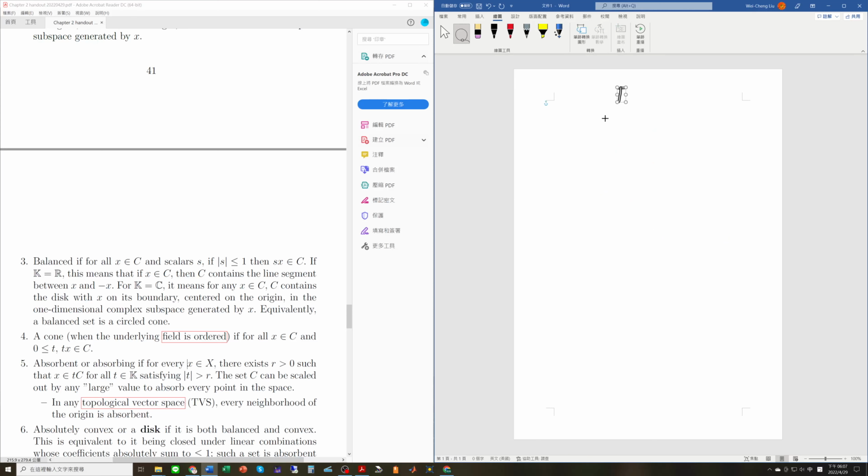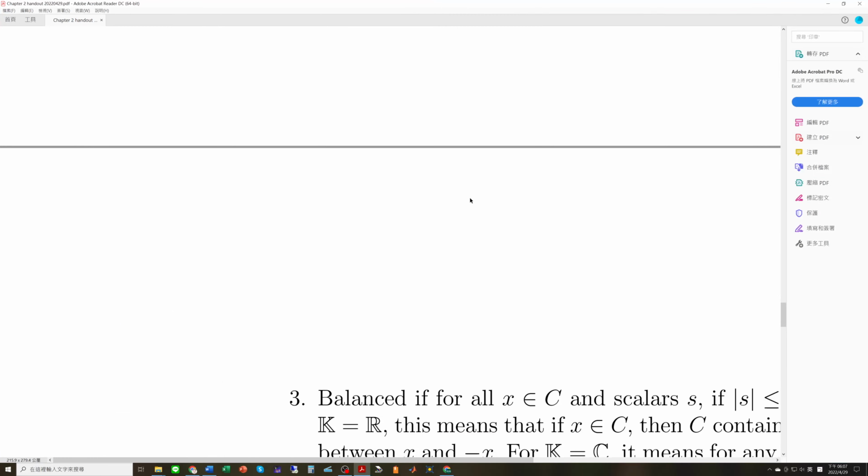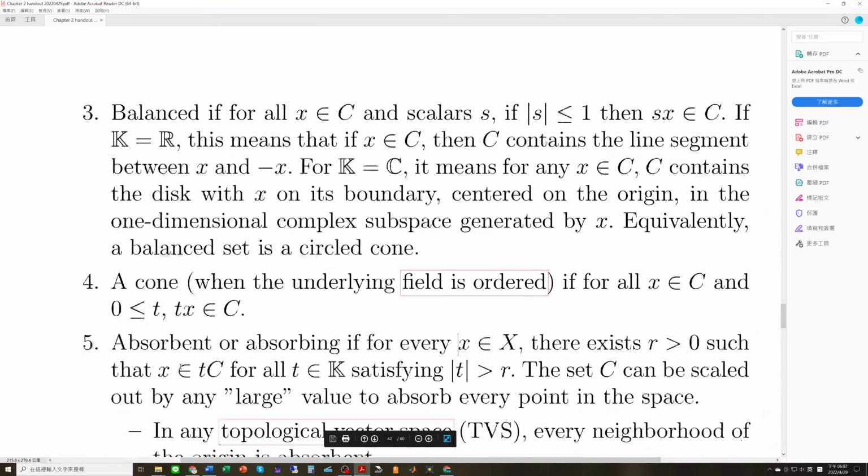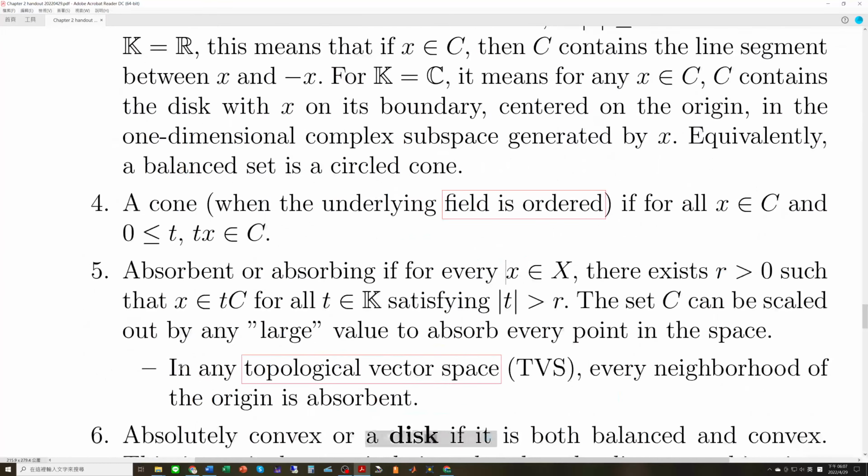So next let us see the fifth point, point 5: absorbent or absorbing if for every small x in capital X, there exists R greater than 0, such that X is in TC for all T in K satisfying the absolute value of T is greater than R.